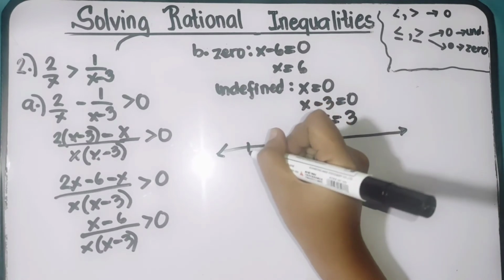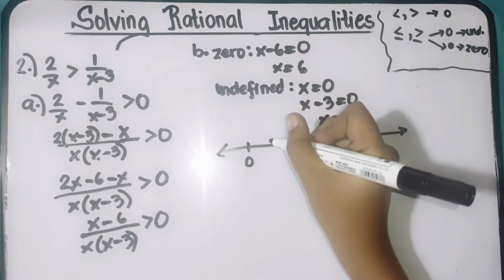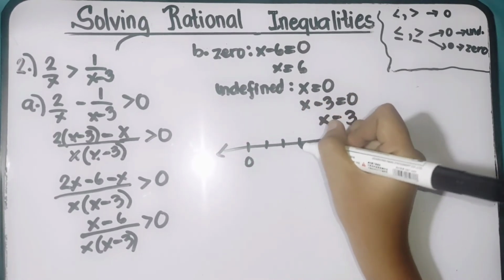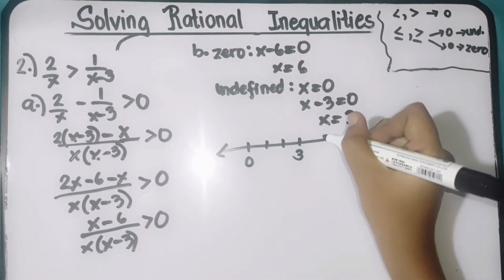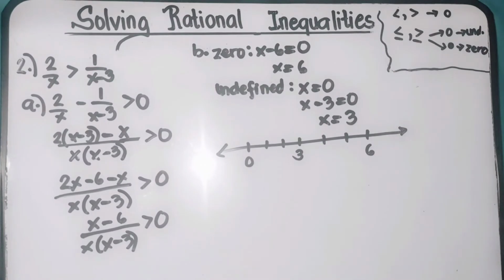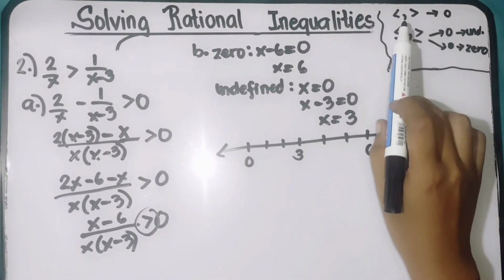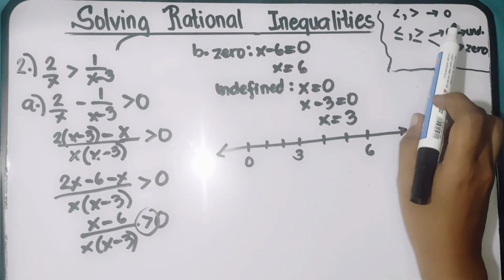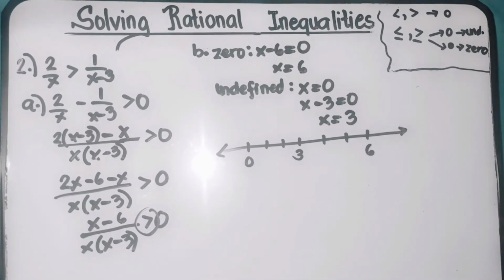If this is 0, 1, 2, 3, 4, 5, 6. The symbol used in this inequality is greater than. Therefore, we should use all hollow circles for all our points.